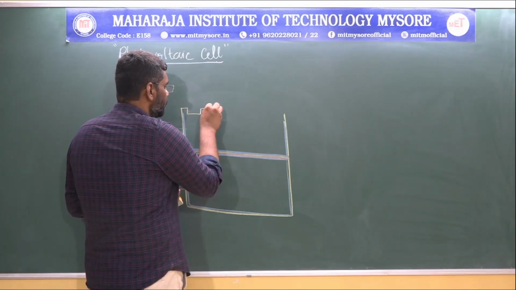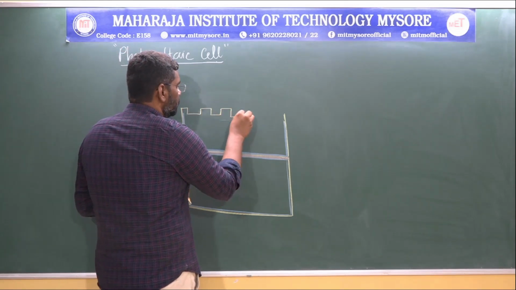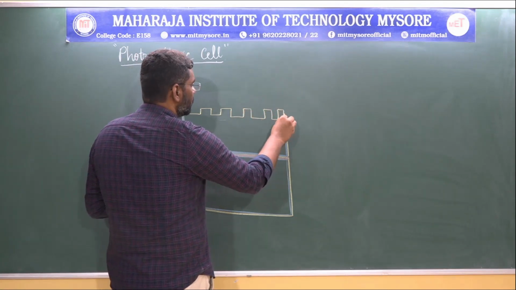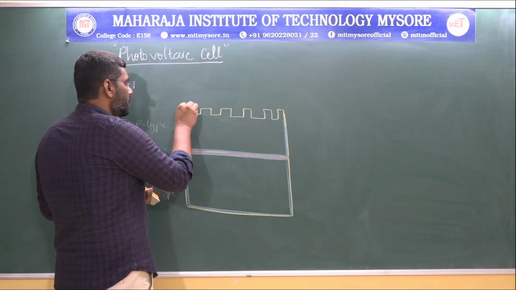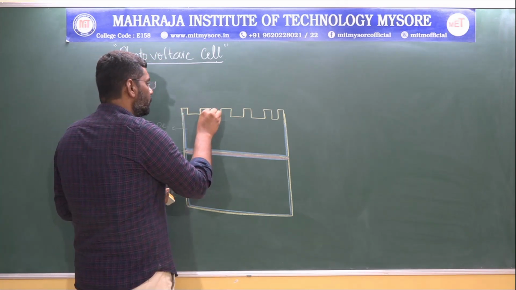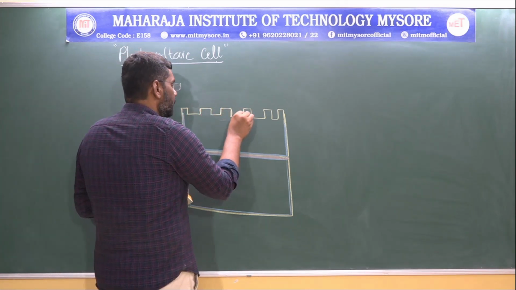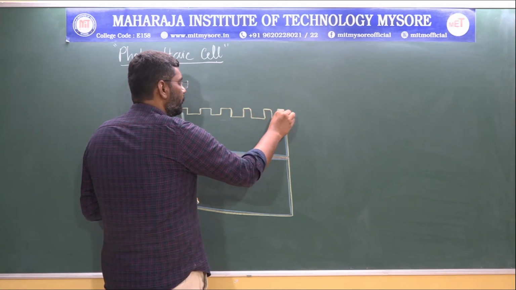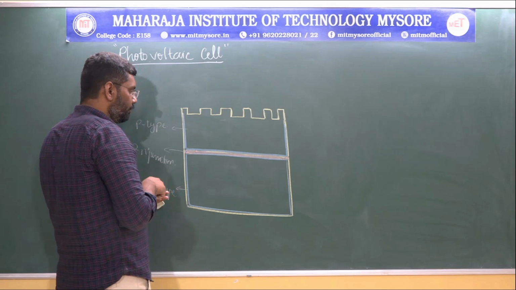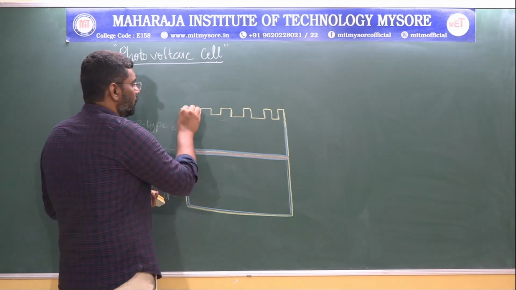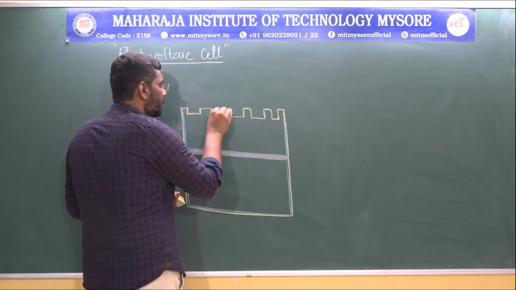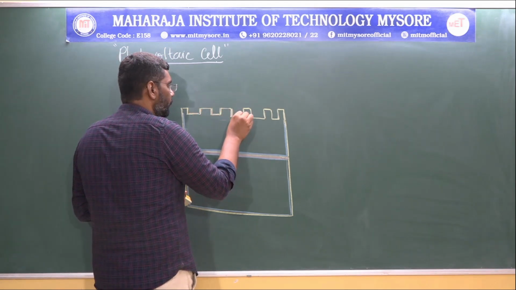Why is it coated with anti-reflecting coating? Once the solar radiation falls on the surface of this panel, that is the PV cell, the maximum amount of radiation should get absorbed completely. That's why it is coated with anti-reflecting coatings.